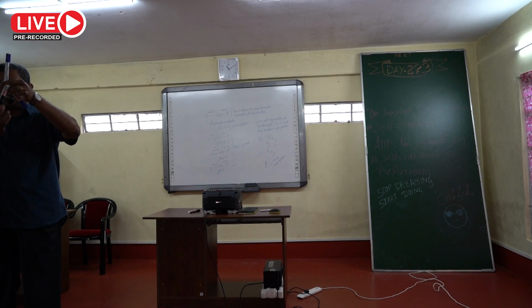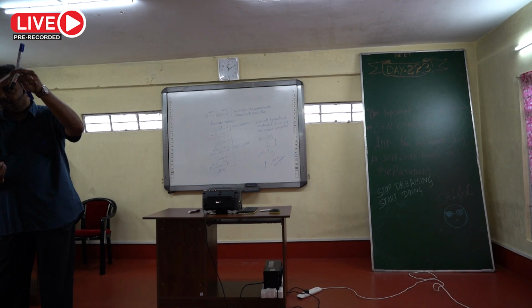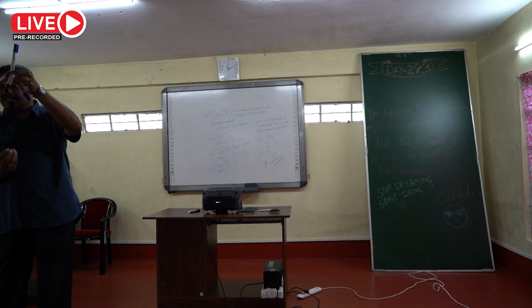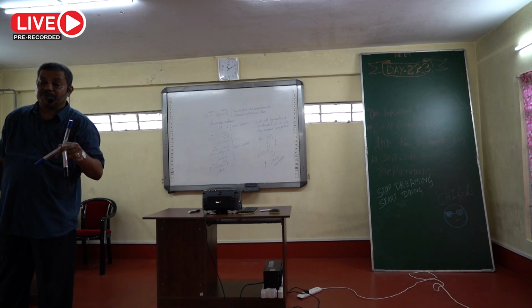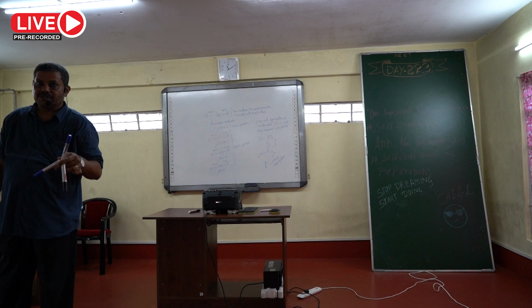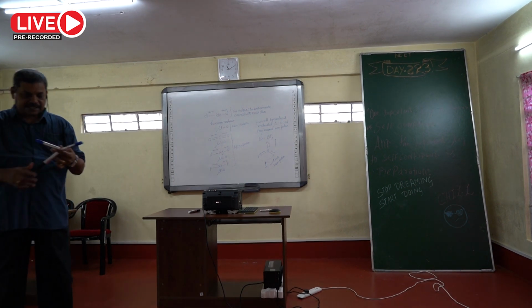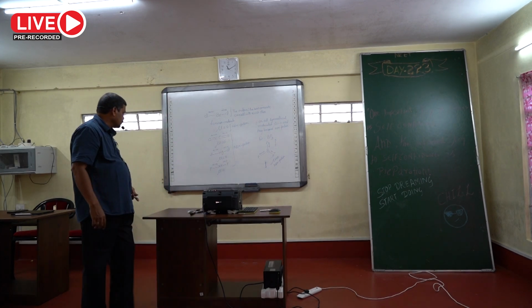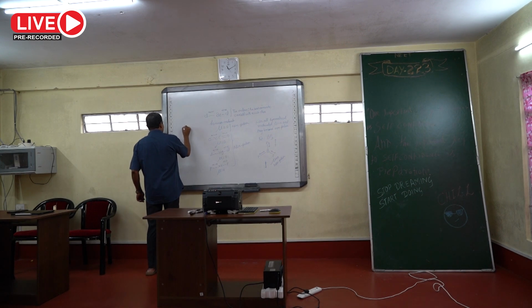The resultant of these three will act downwards. This vector and the resultant of these three will cancel with each other. So net mu is equal to 0. So CCl4 is non-polar because its net mu is equal to 0.